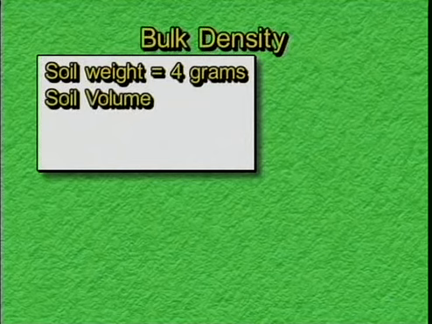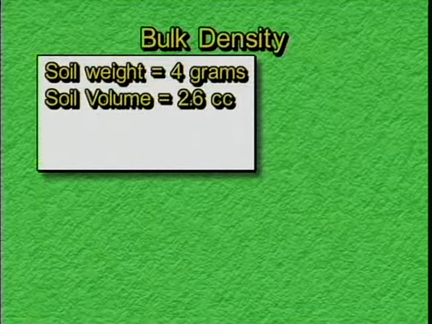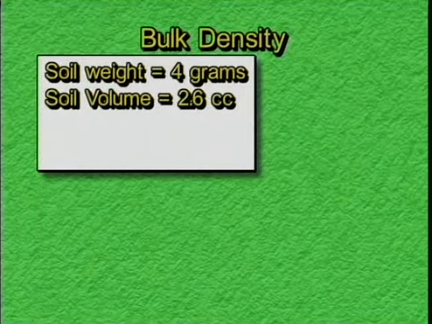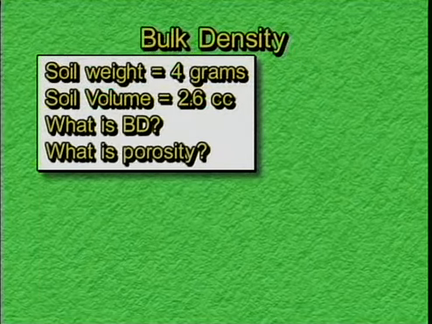The volume that this amount of soil occupies is 2.6 cc's, cubic centimeters, which of course is equivalent to the milliliter as we discussed earlier. So with that information you would calculate bulk density and porosity.